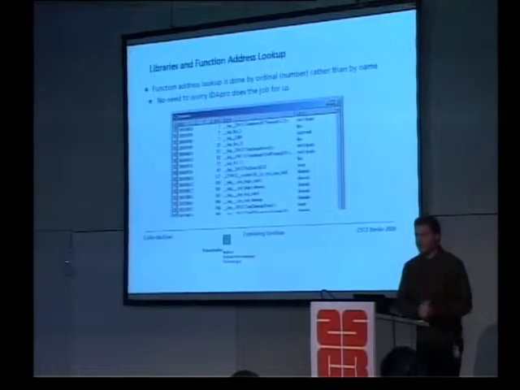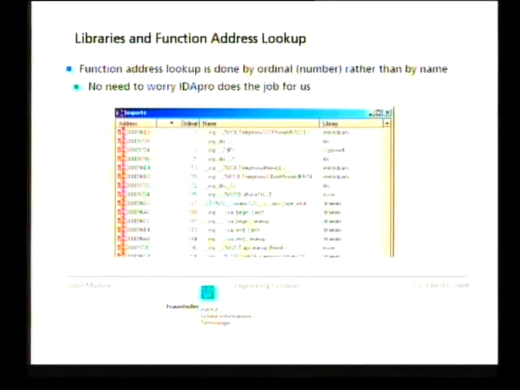Since we're going to need function addresses to actually call functions, we need to look them up. If you want to do more advanced stuff other than printf, you're going to need other libraries. In Symbian, you look up functions not by a function name, but just by a number.